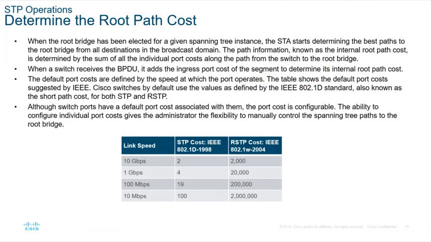Determine the root path cost. There are scenarios where you can tell that this is a redundant link, but which end should be blocked? You have to look at the distance. Which one has the longer distance than the other? The one with least distance, that is the cost. Cost is the distance.